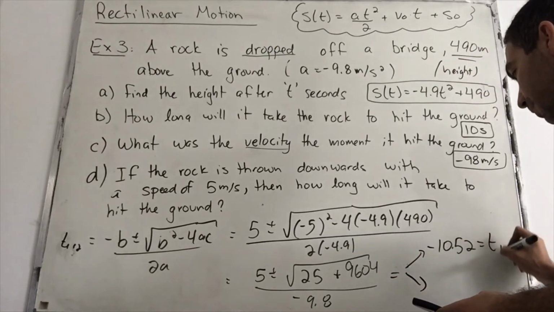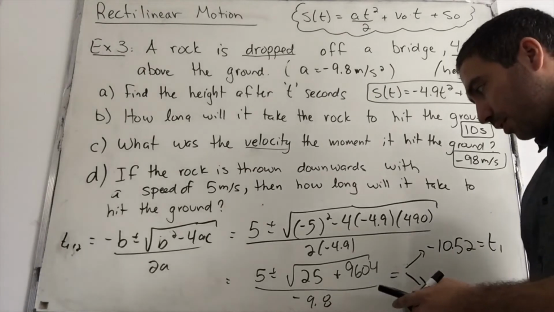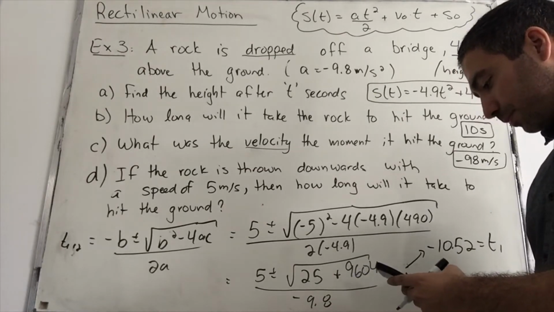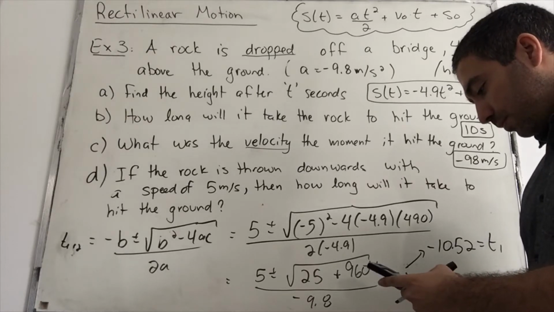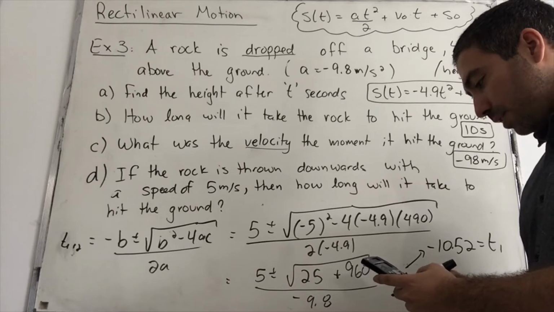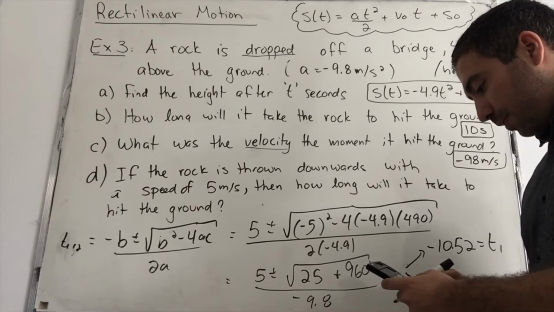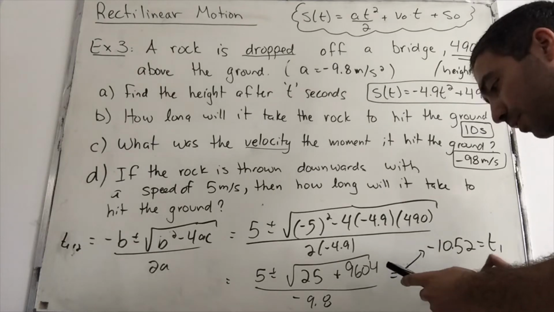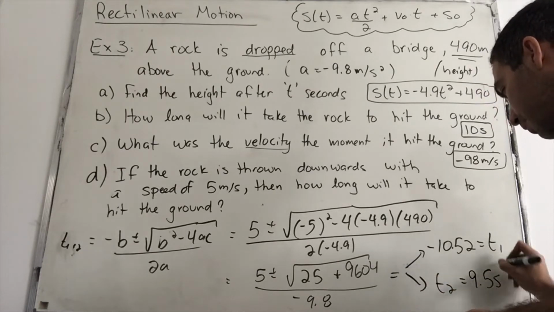Remember, this is time 1. And our second time, if we subtract, the square root of 25 plus 9604, 5 minus this answer divided by negative 9.8, time 2 gave me about 9.5 seconds.